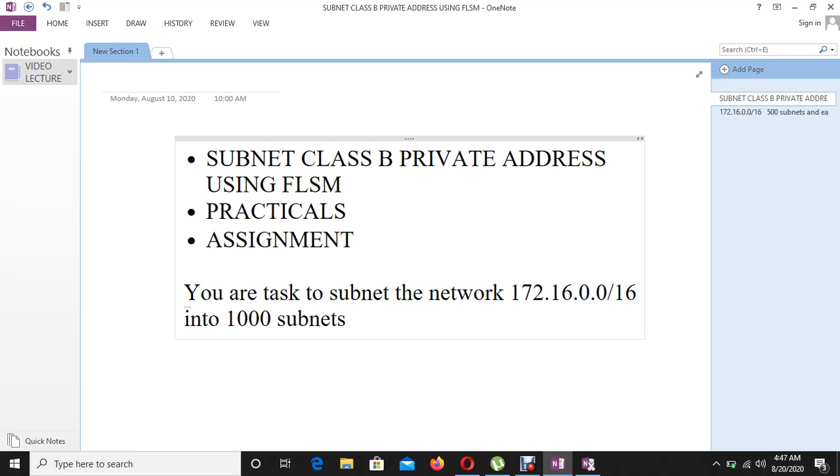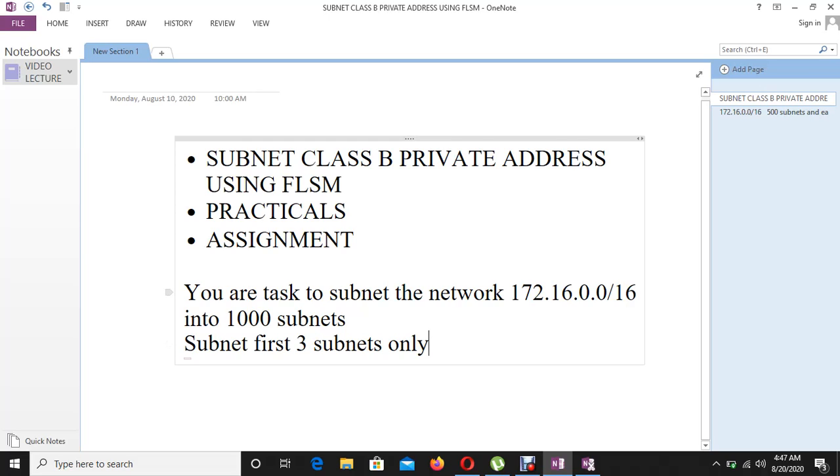Okay, 1000 subnets. All right, into 1000 subnets. Now your question is: subnet the first 3 subnets only. Okay, first 3 subnets only. Okay, now this is what you're going to do.